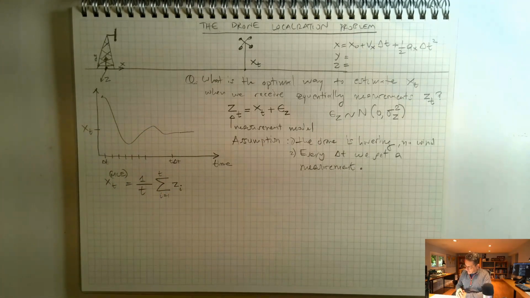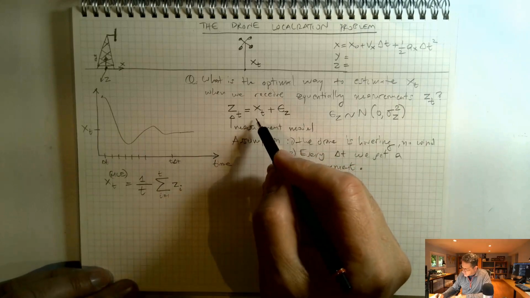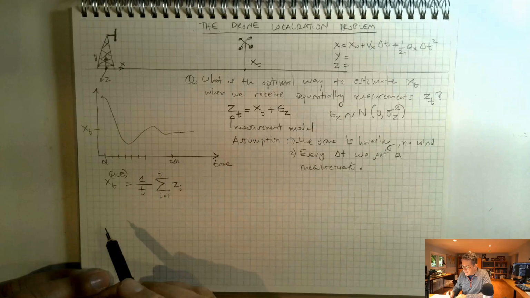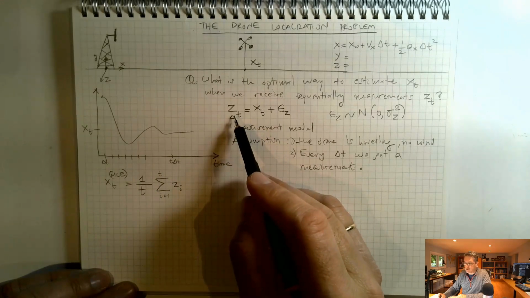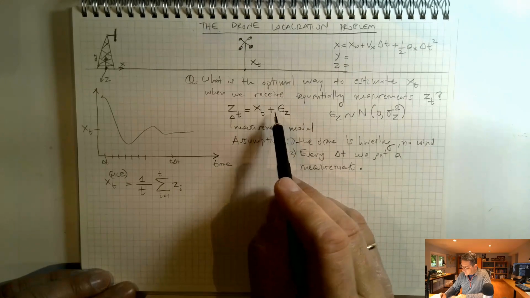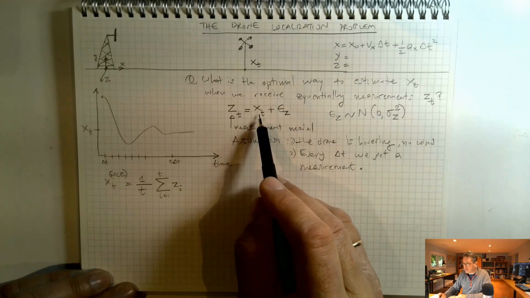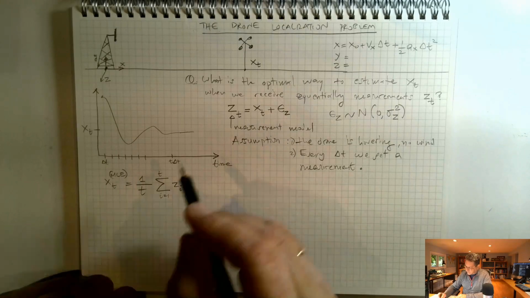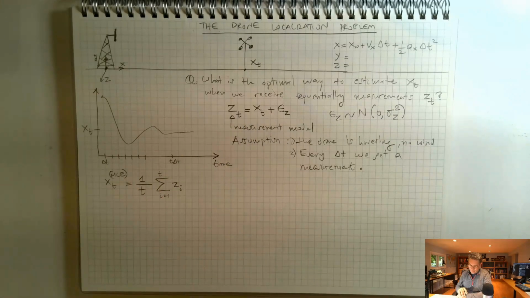So the location that we are interested in finding is really the mean of this Gaussian probability distribution, because you're adding a zero mean component to a constant. That constant takes the place of the mean of this variable z.